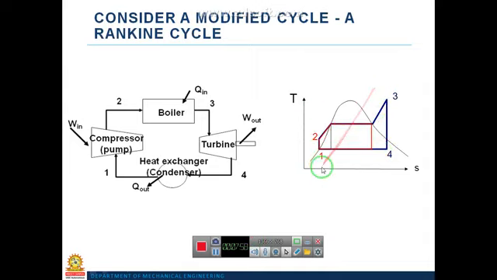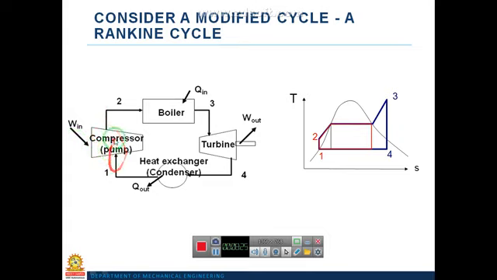Okay, actual layout. As I have told, this is the modified Rankine cycle. You can see this is the TS diagram. From where are we starting the process? 1 to 2. 1 to 2 is the compressor process or feed pump process, where we are getting work input.